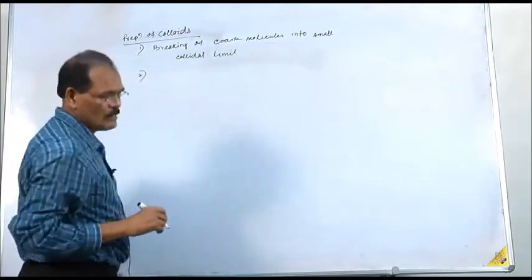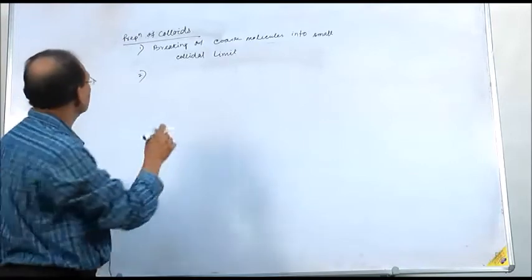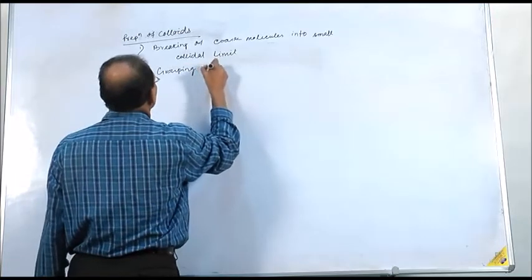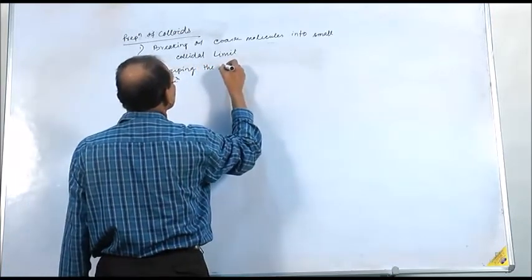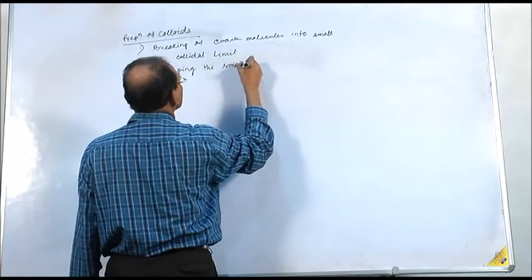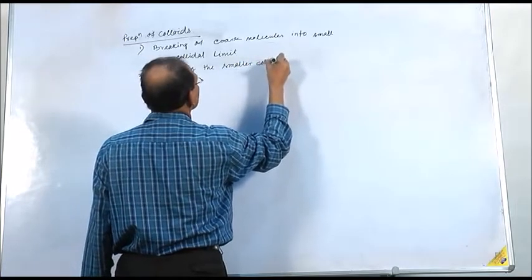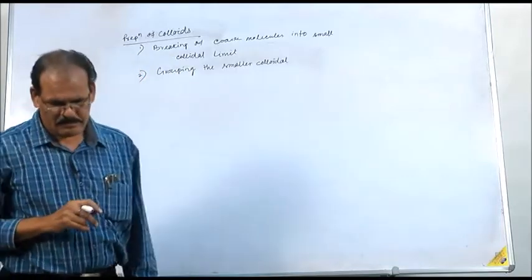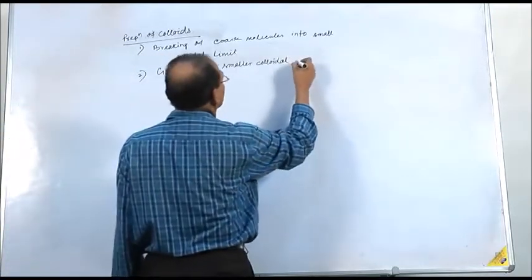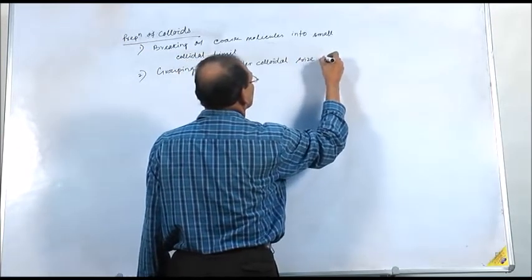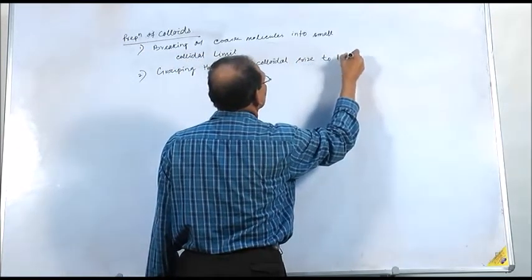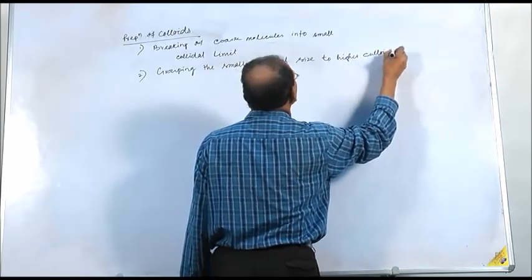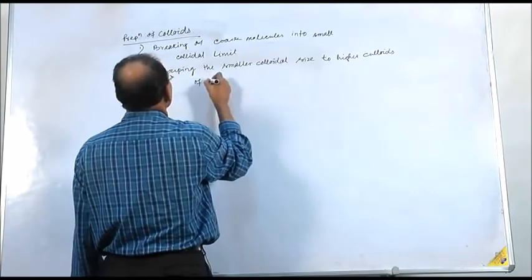Second thing, this is by grouping the smaller colloidal size to higher colloids of colloidal limit.